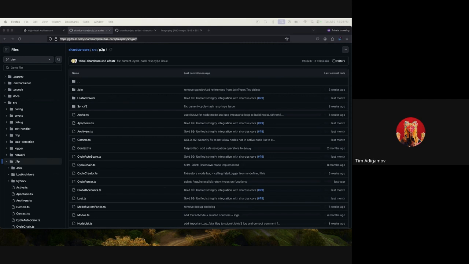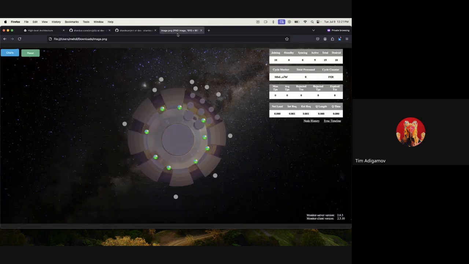When the node joins the network, it goes to the standby state. In this standby state, the node will stay for some time until it is selected by the network using what I will call reproducible randomness.